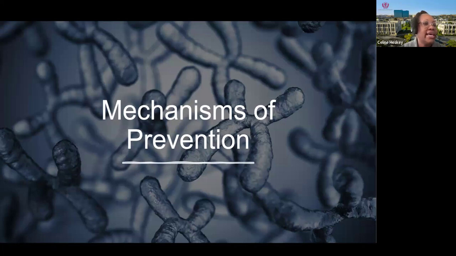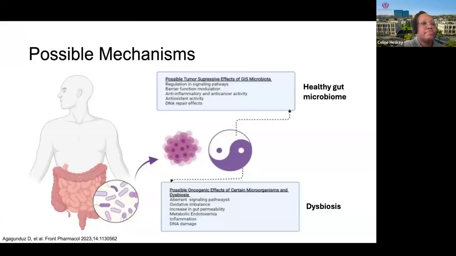Now let's quickly explore some of the ways we may be able to reduce dysbiosis, thereby reducing cancer risk. As we have learned, there are various mechanisms that are summarized at the bottom of this slide that explain why dysbiosis may increase risk for cancer, including an increase in gut permeability.